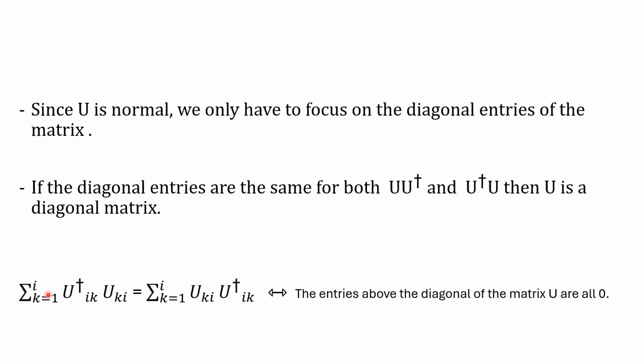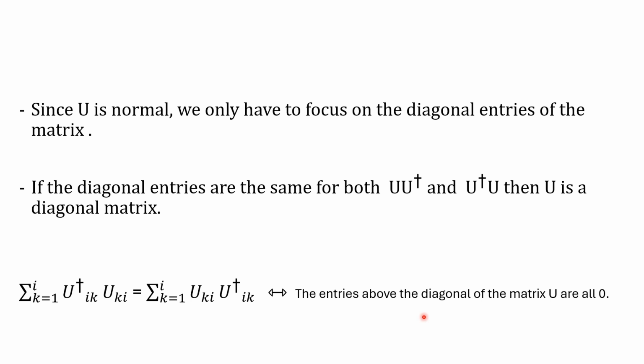And if these two are the same matrices, then the entries above the diagonal of the matrix U are all 0, which means that matrix U must be diagonal.